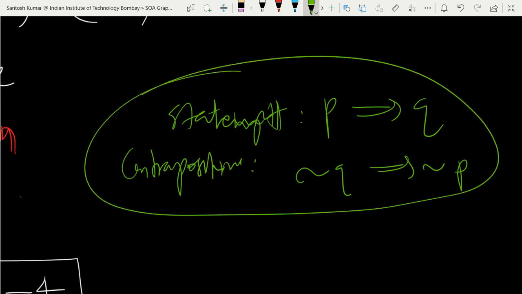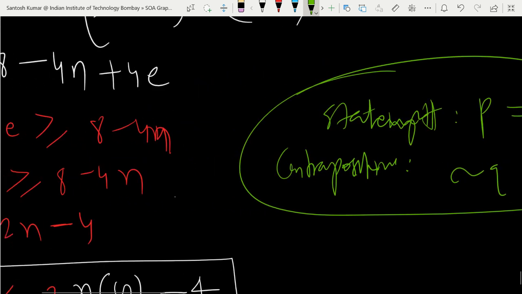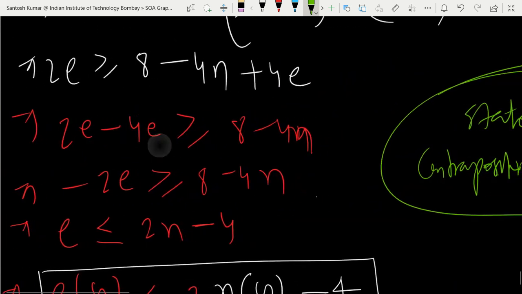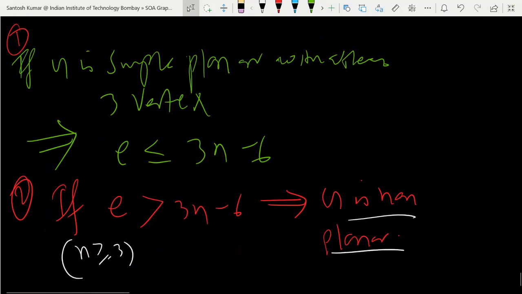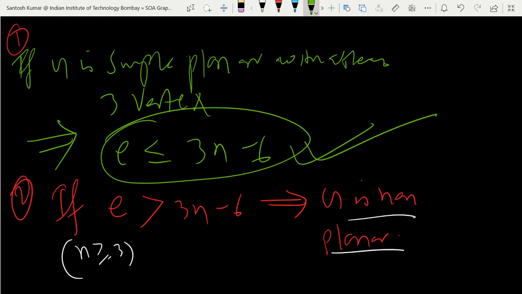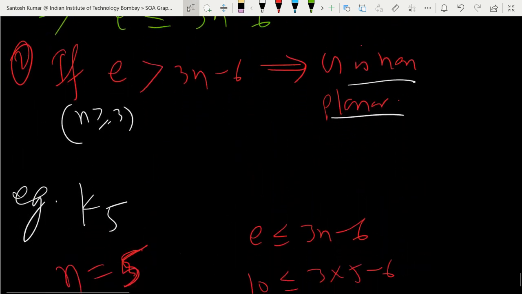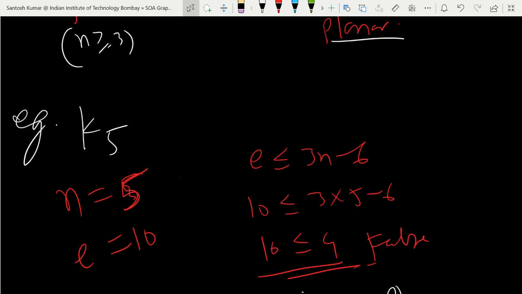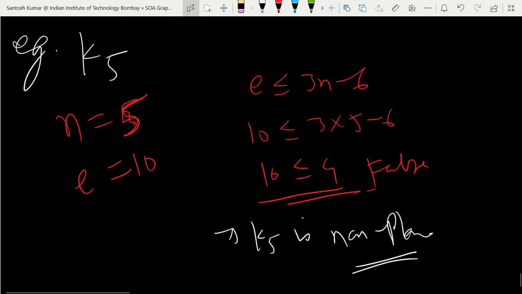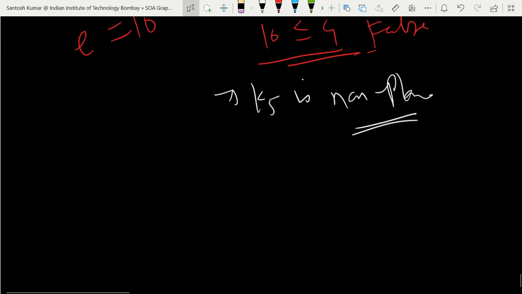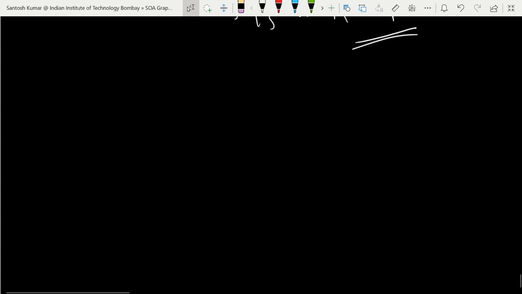So if it is a simple planar graph, then this will hold. If this doesn't hold, then it is not simple planar. This is just an example. You can check for K5 also. K5 will not hold the second condition, and that's why it is non-planar. You can verify that result.